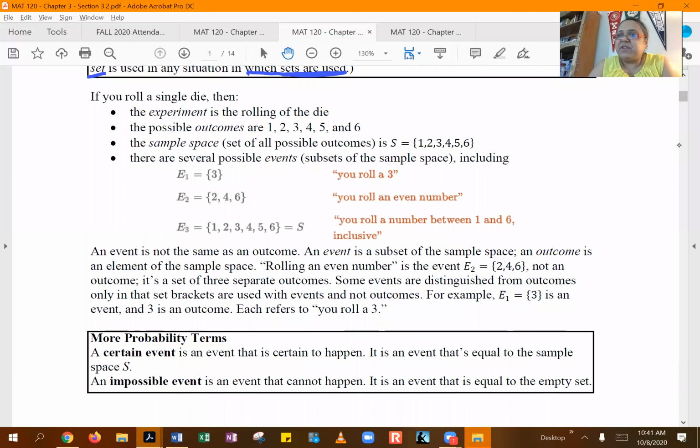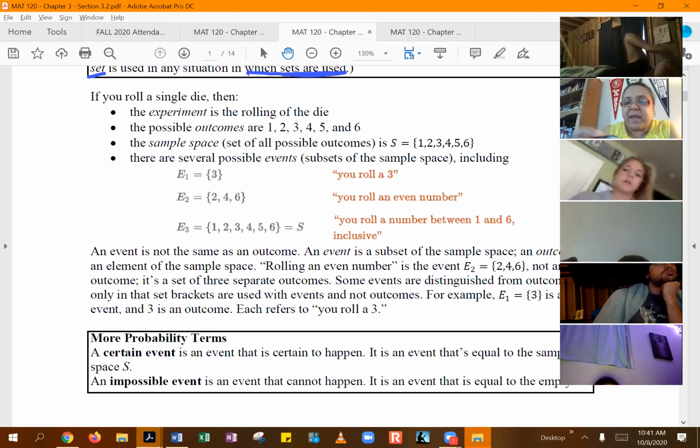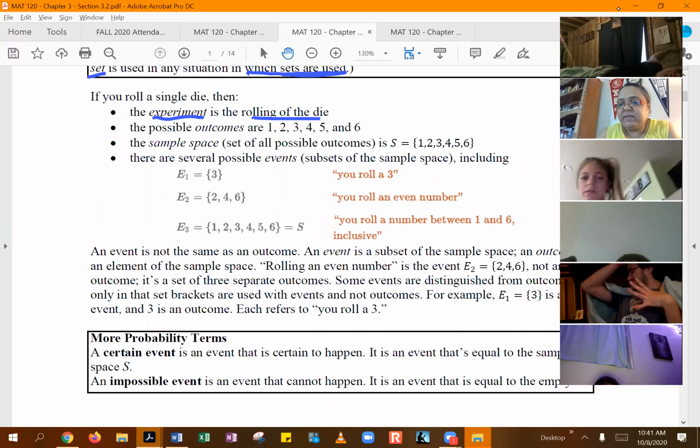So again, to give you an idea of the distinction between these terminologies, just think about the simple act of rolling a die. And imagine this is a regular 6-sided die. So we know each of the faces on the die will have 1, 2, 3, 4, 5, or 6 dots, right? So the experiment itself will be the act of rolling the die.